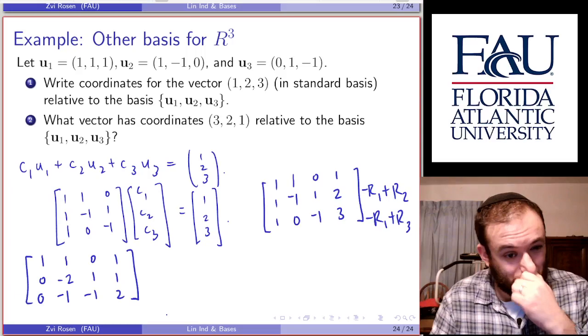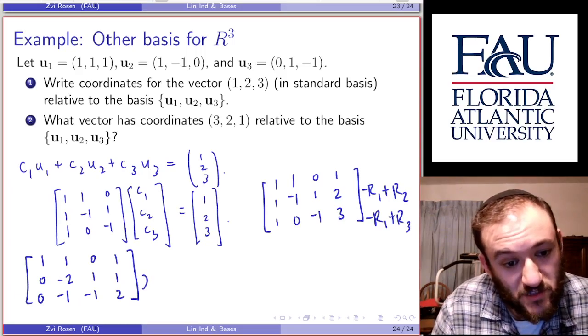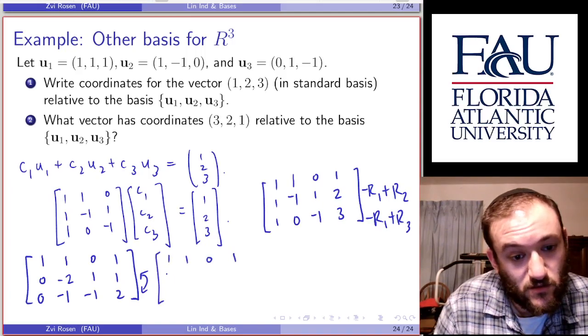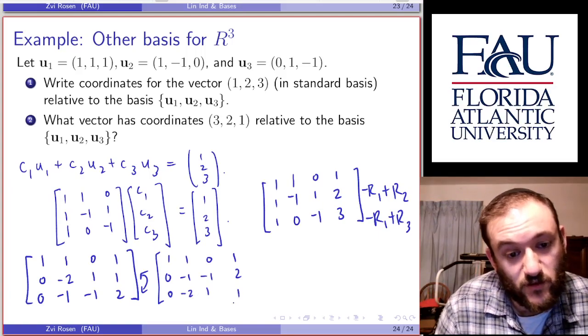Okay, so far so good. I'm going to swap these two rows. So we have 1, 1, 0, 1; 0, -1, -1, 2; 0, -2, 1, 1.